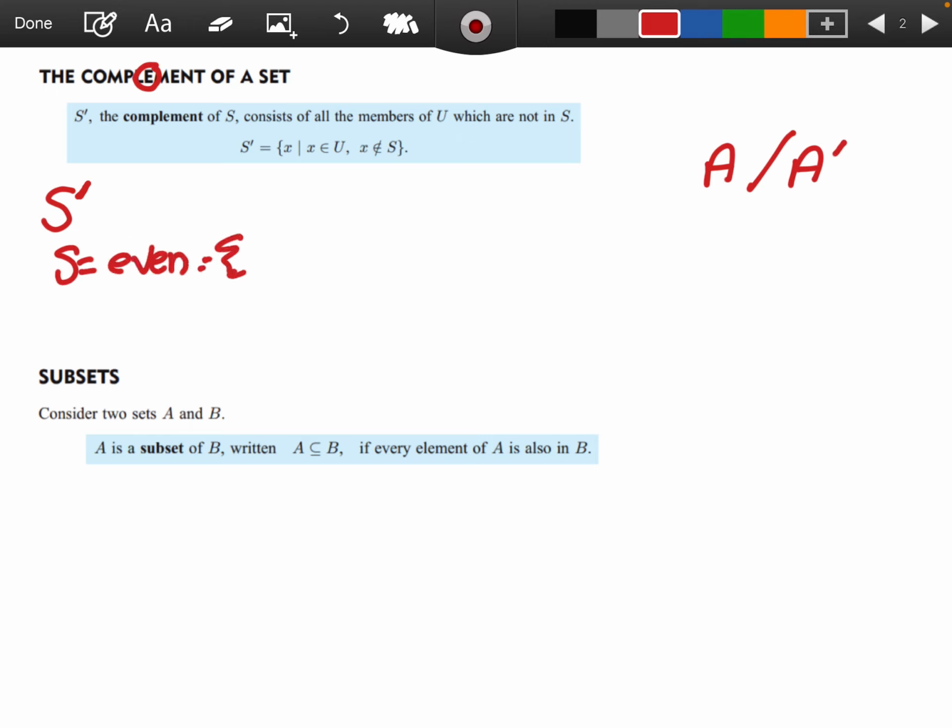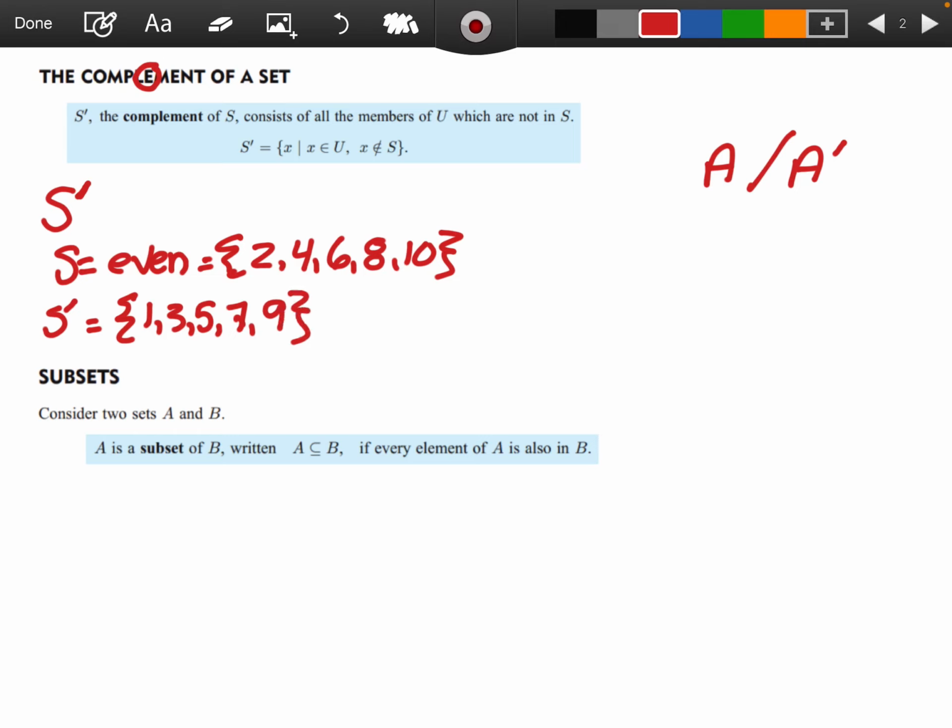That would include 2, 4, 6, 8, and 10. Then S prime is everything in U that is not part of S, so that would list 1, 3, 5, 7, and 9, all of the odd numbers essentially. Put the two together, the original set and its complement, and you get everything that was part of the universal set.